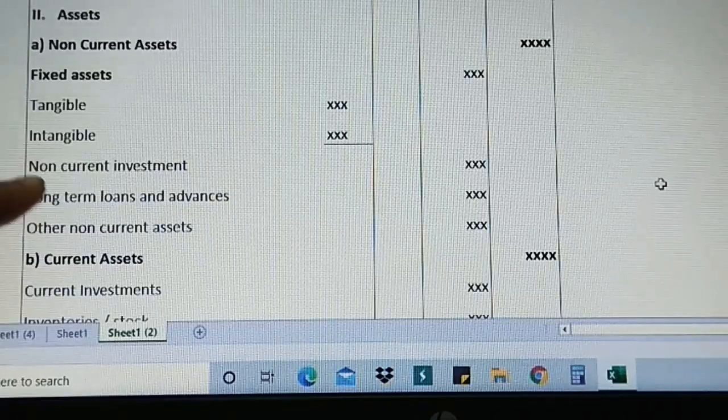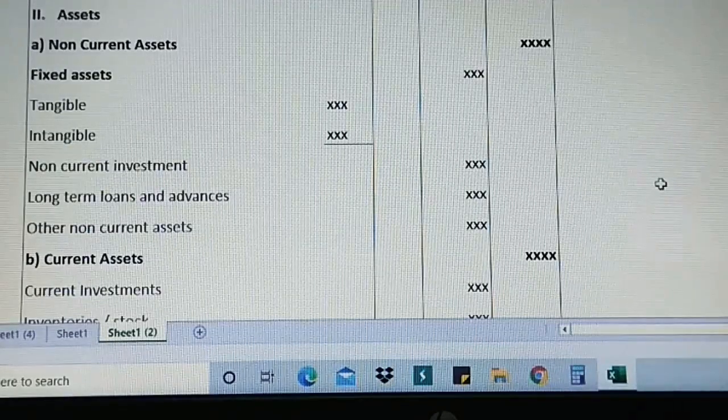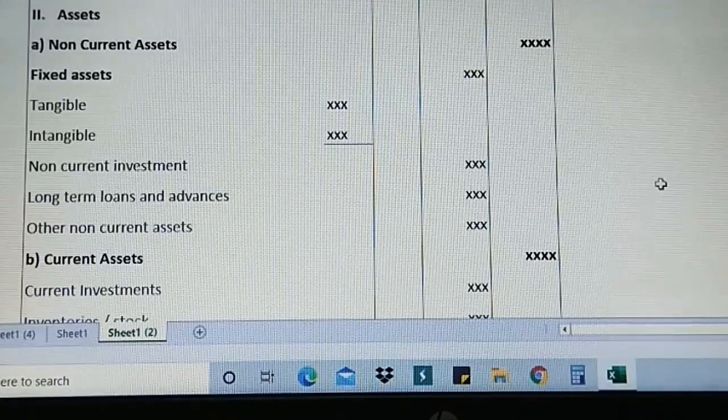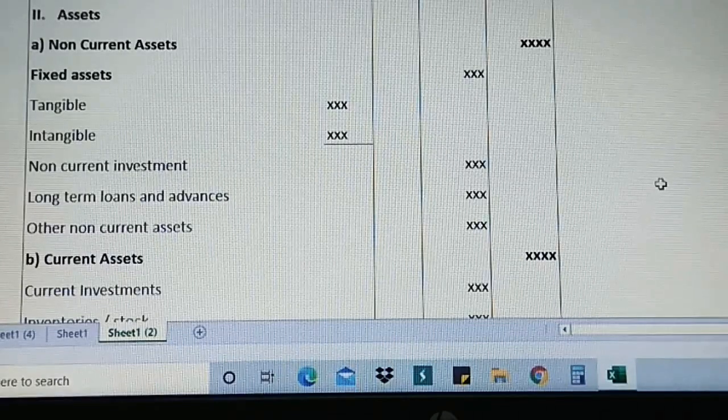Then after that, non-current investment. Any investment made by the company with outsiders, in another company, for more than 1 year, for a longer period. We have purchased government securities or government bonds. In that case, it is an investment made by the company, right? So it could be for more than 1 year, and that is treated as non-current assets. Then long-term loans and advances.